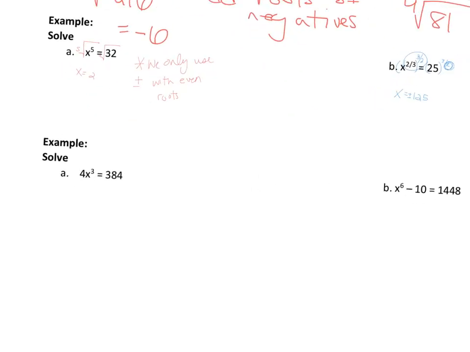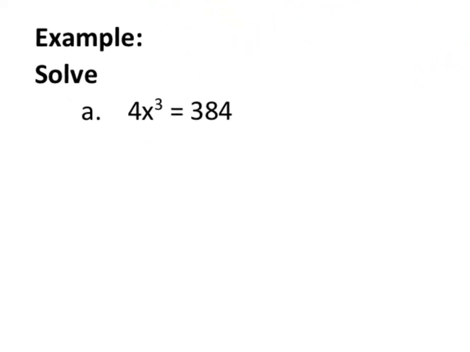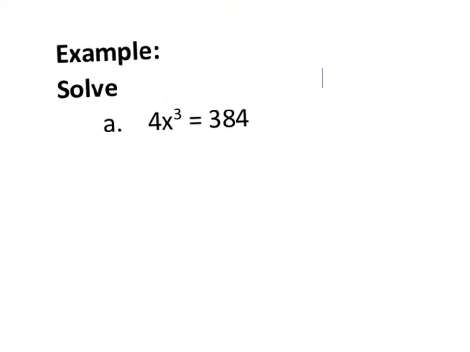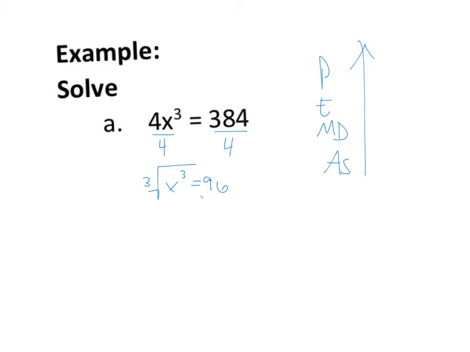Okay, so let's get it a little bit tougher, add some steps in here. When you were solving equations, you were doing PEMDAS backwards. It means you undo addition, subtraction, then multiplication, division, then exponents, then parentheses. So we have multiplication, we're going to undo that first. We're going to undo that exponent. We undo a cubed by cube rooting.